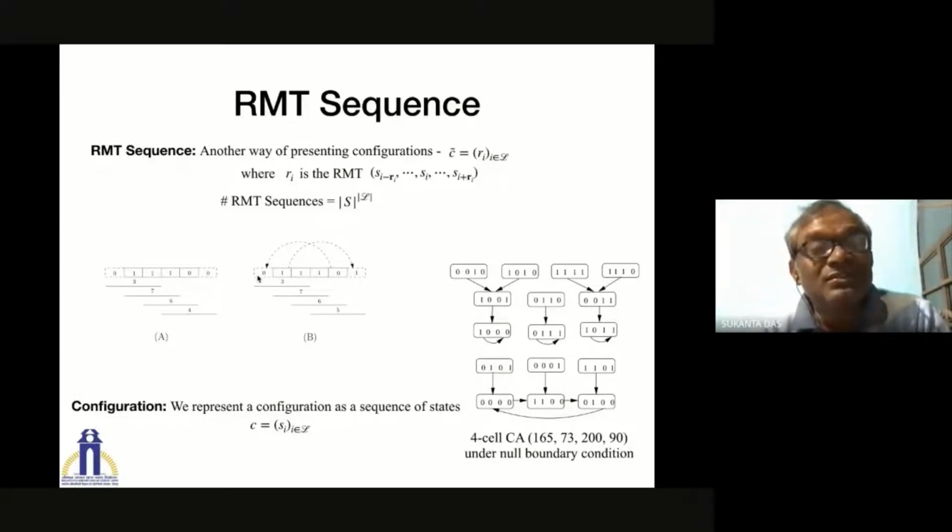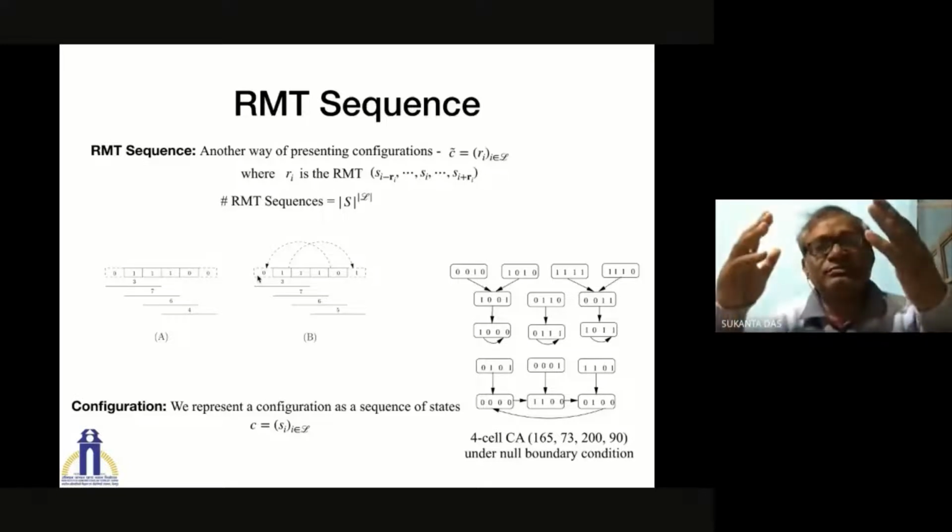In the example given, 110 triple 10 is the configuration. The RMT sequence under the null boundary condition is 3764, but if you use the periodic boundary condition, it will be 3765. You can see in figure A it was 3764, but under the periodic boundary condition it is 3765.